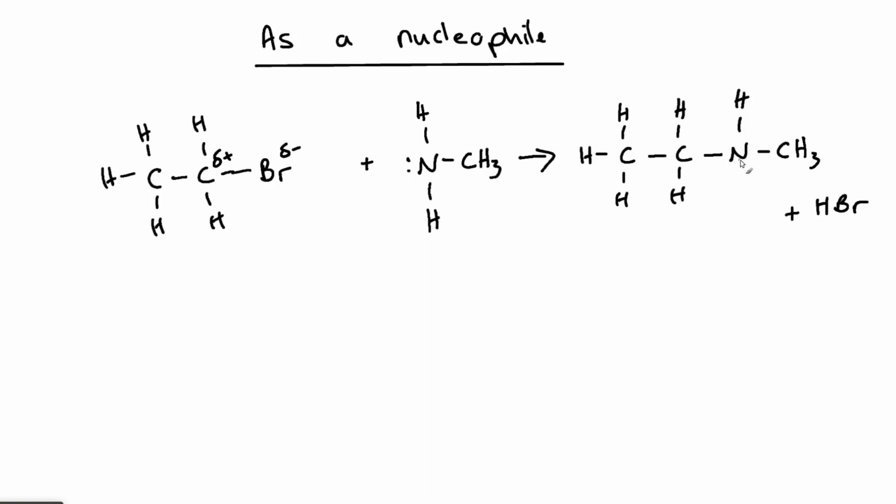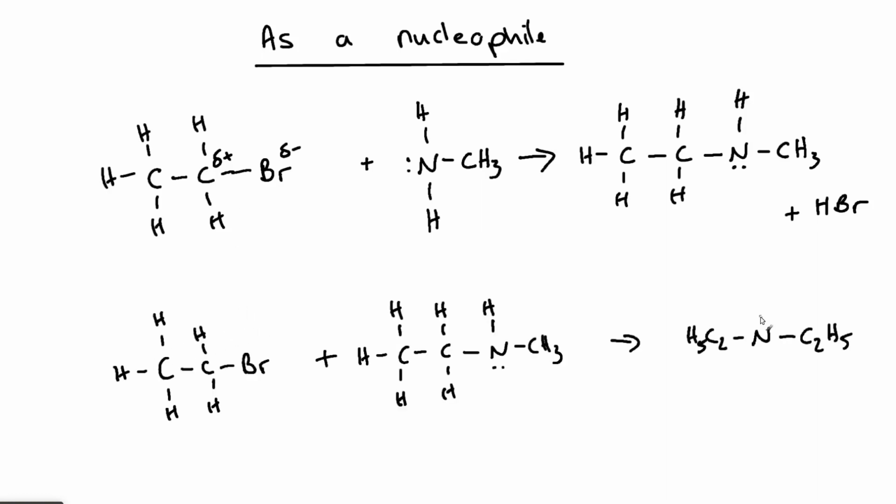This product molecule actually can also act as a nucleophile because the nitrogen has still got a lone pair of electrons, and so it would not stop there, it would react with the bromoalkane again, and if we reacted that with it again, and there we go, that would be the product.